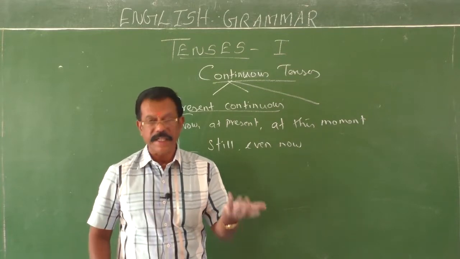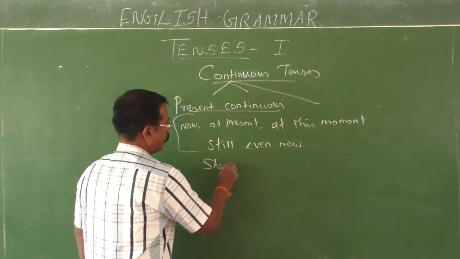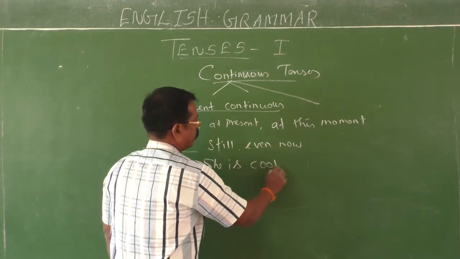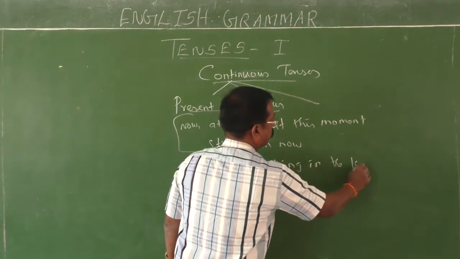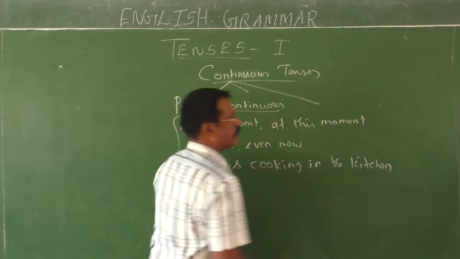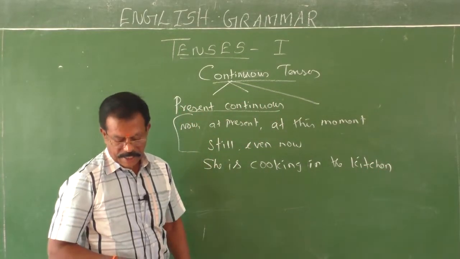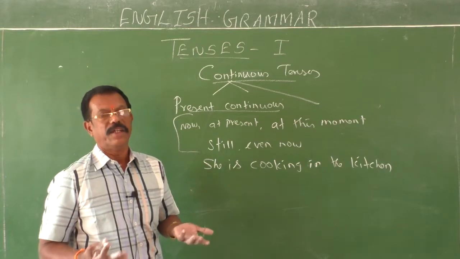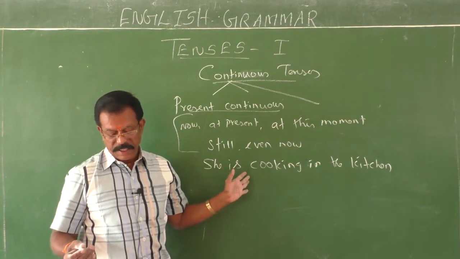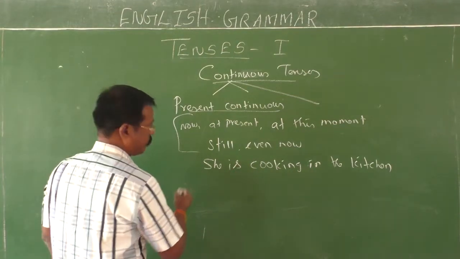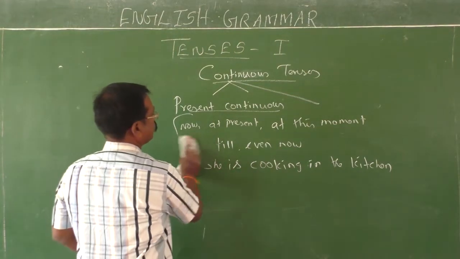She is cooking in the kitchen. Second use: actions that are temporary. To refer to temporary actions, we can use this present continuous. They are staying in London for a few days.